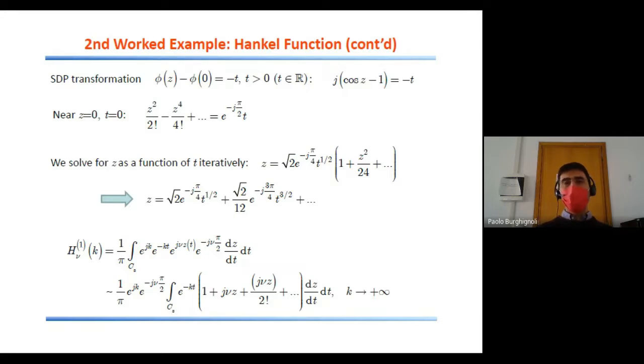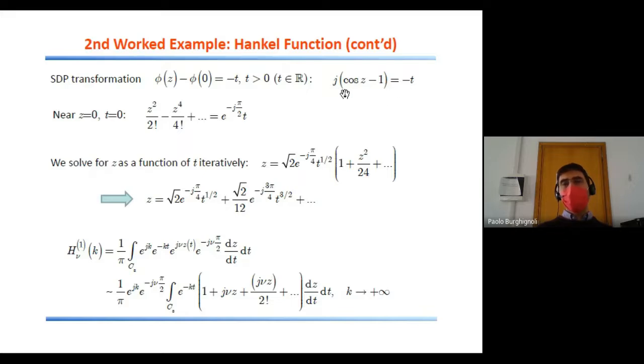We can go beyond by expanding, through the steepest descent transformation, z in terms of the new integration variable we mentioned before. If you do that in this particular case, you have that j cosine z minus 1 must be equal to minus t.